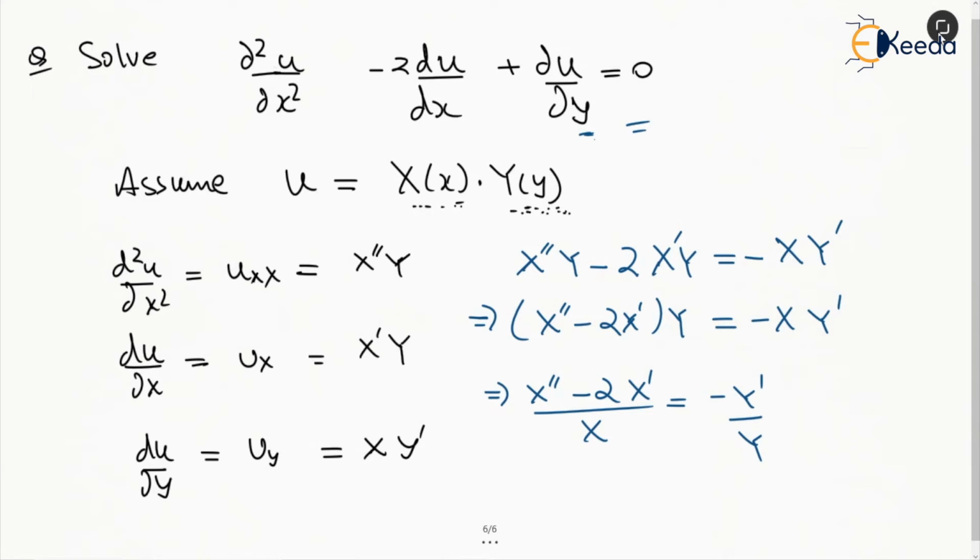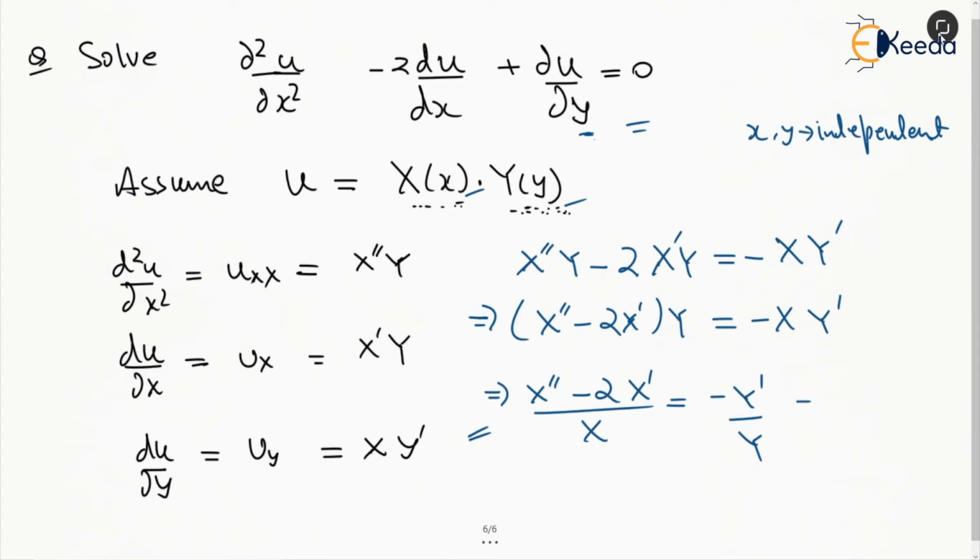right? Now that we have assumed that X is a function of x only and Y is a function of y only, somewhere x and y are independent. And in that case, this equation will be valid only if they are proportional in terms of a constant, right?